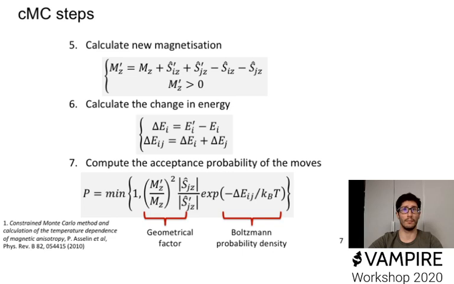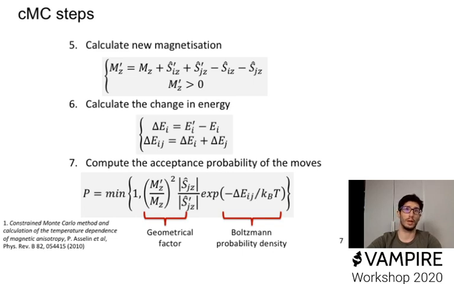If the new mz is positive, we will go and evaluate the energy change due to this change in the spin I and spin J. So we calculate the change for spin I, which is the new energy minus the old energy, as in the usual Monte Carlo approach, and then we sum the two contributions.